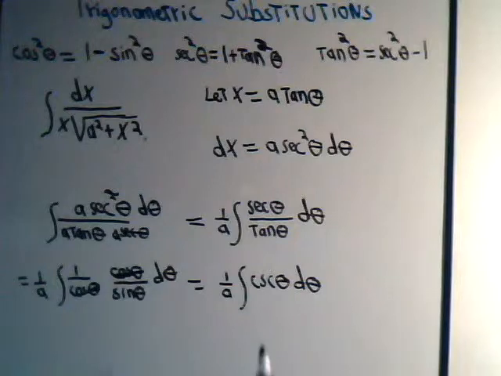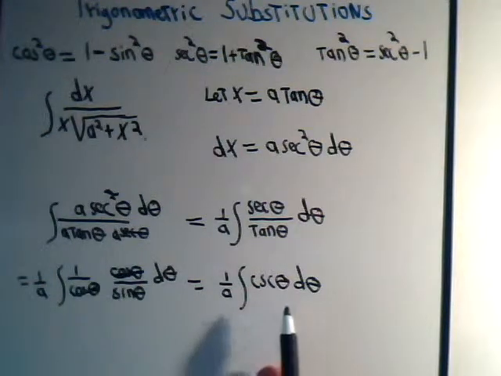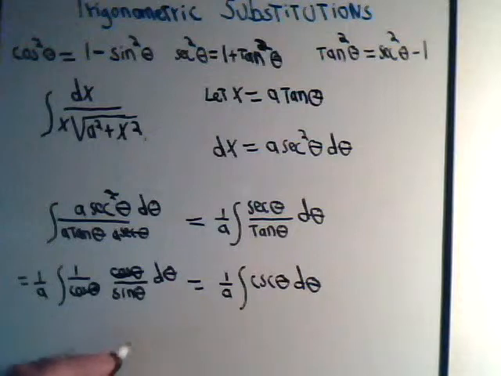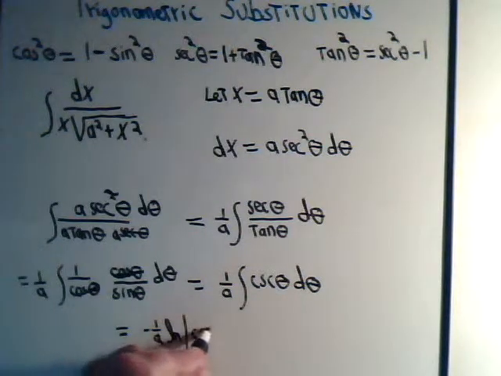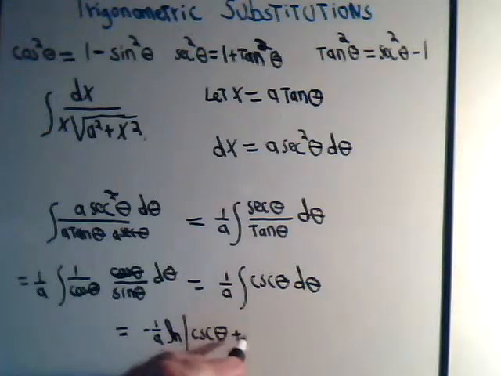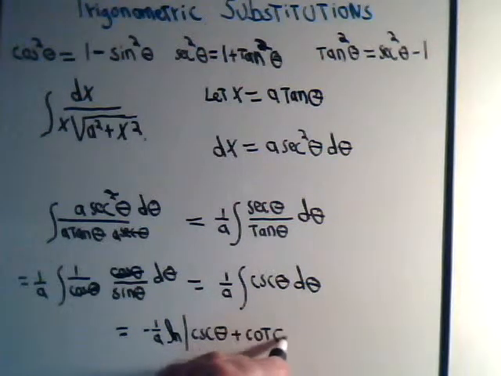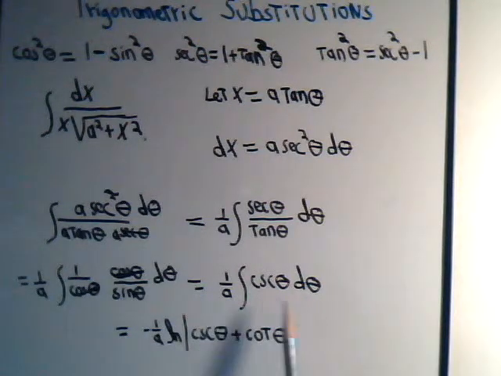Let's see, this will be minus the natural log of the cosecant of theta plus the cotangent of theta, so this will be minus 1 over a natural log cosecant of theta plus the cotangent of theta. So this is the solution to this integral. Of course, we got this integral. This integral was derived from this one, and we solved it.